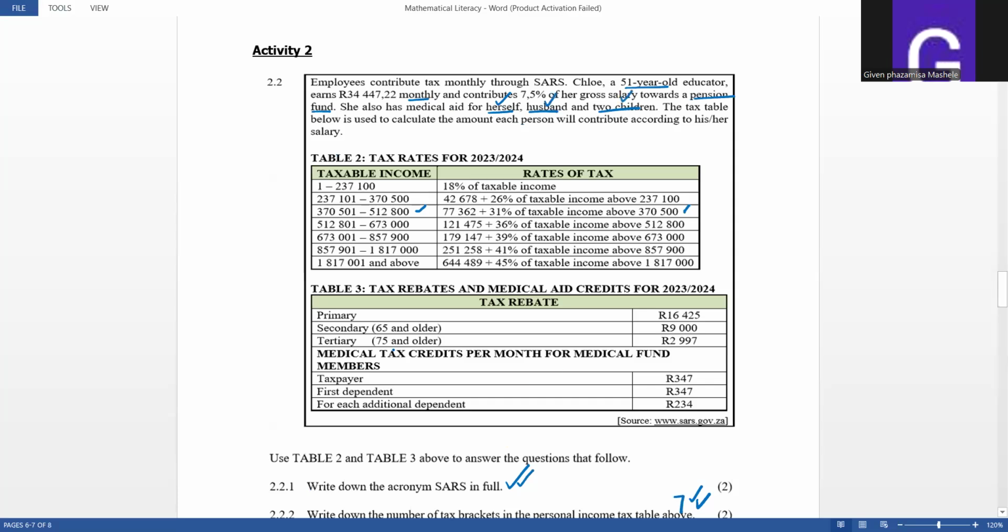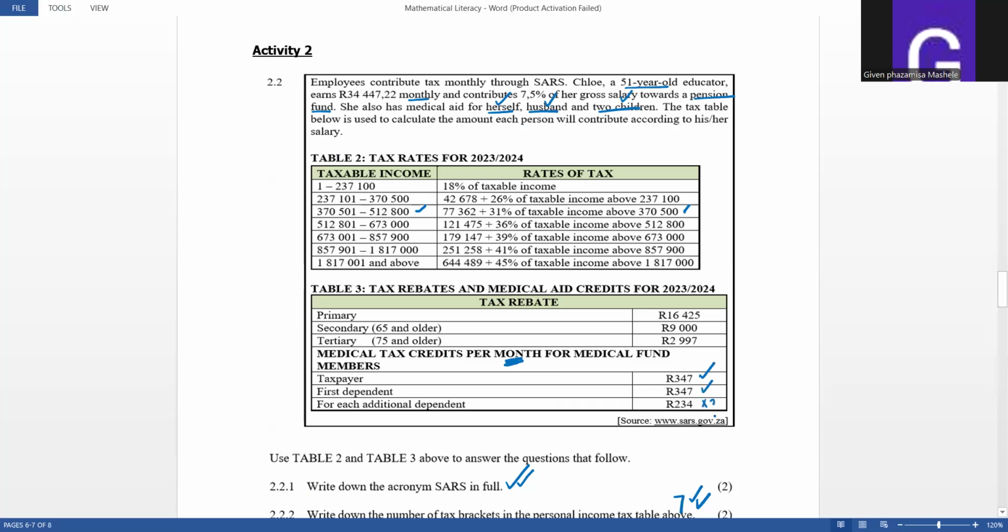You see, the medical aid tax credit is per month. So what is it? It means that there are 4 in number: herself, husband, and 2 children.